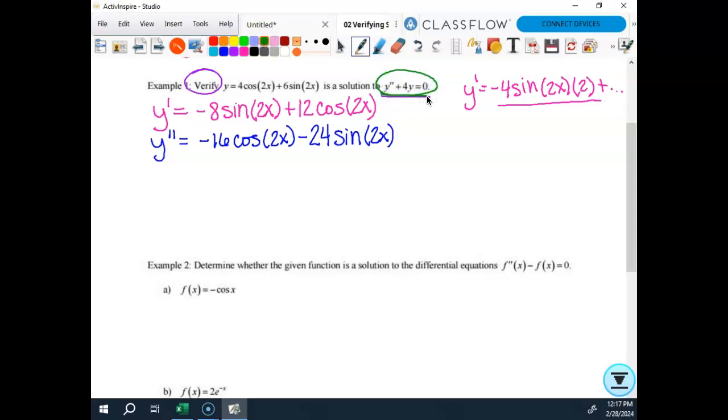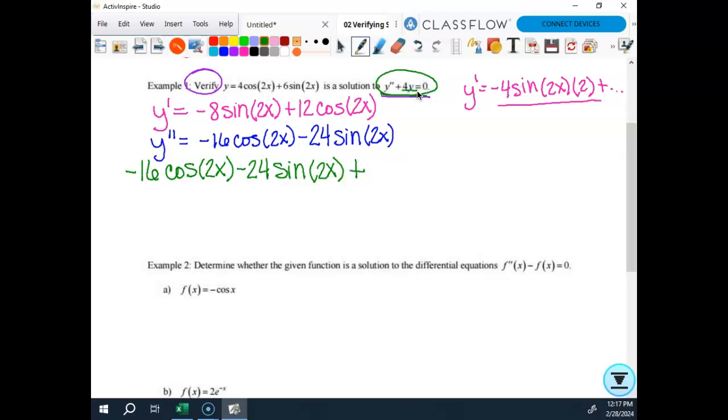So basically, I'm going to substitute what I have into this. I have y double prime, which is negative 16 times the cosine of 2x minus 24 times the sine of 2x, then plus 4 times y.